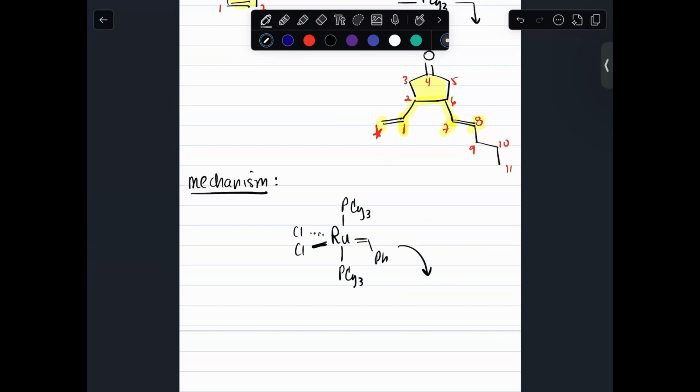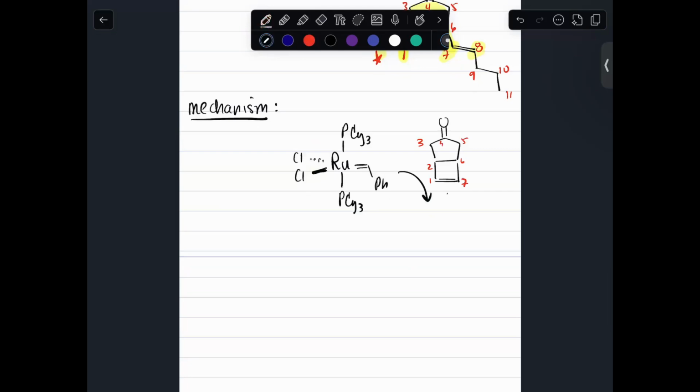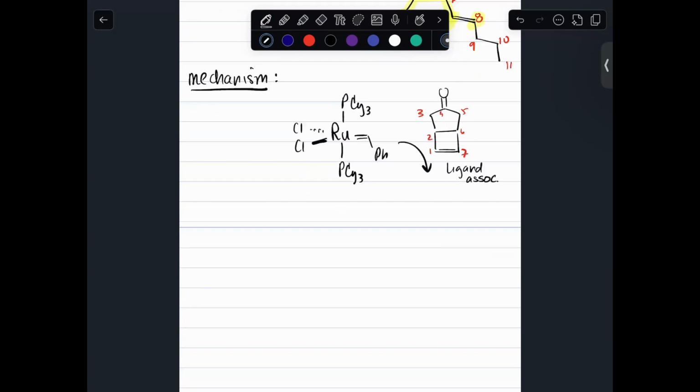Okay. Let me start off with the ring. This is ligand association. Very similar to what we had before.